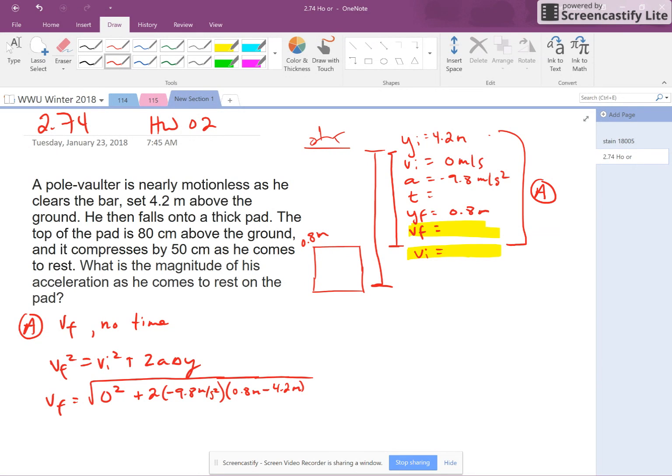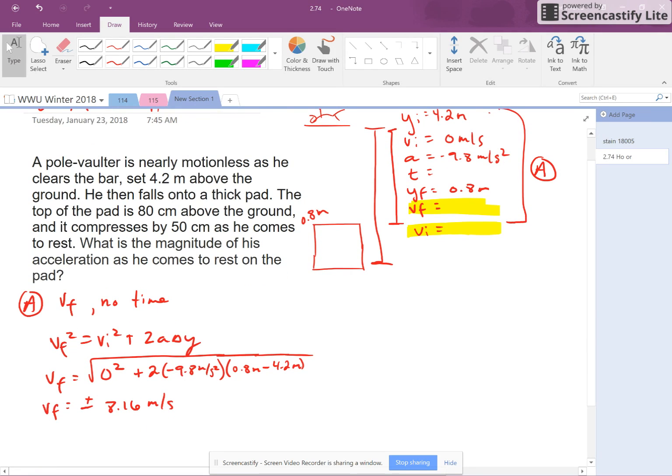Putting these values in, we get a final velocity of plus or minus 8.16 meters per second. He's traveling down though, so v final needs to be negative 8.16 meters per second. That can be updated in the second part of this problem.